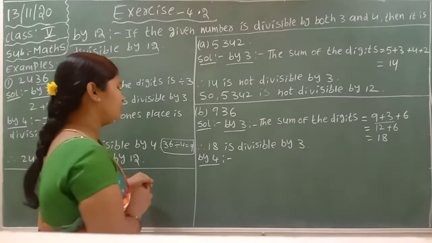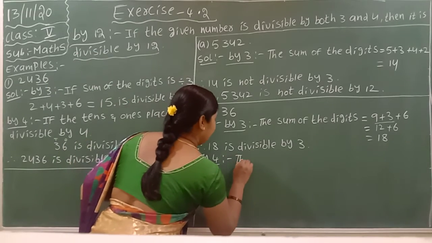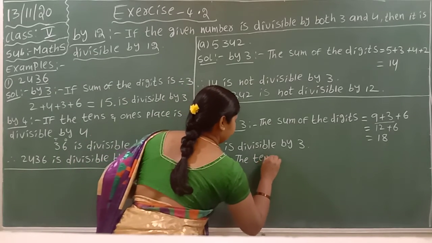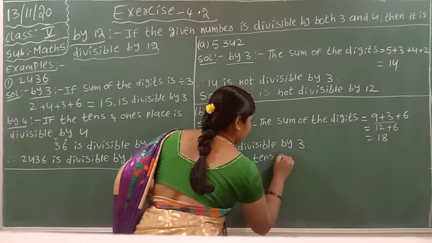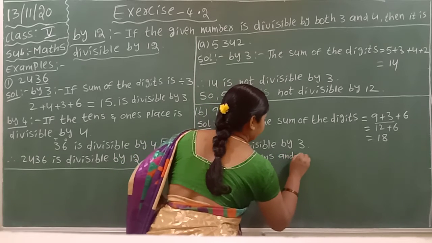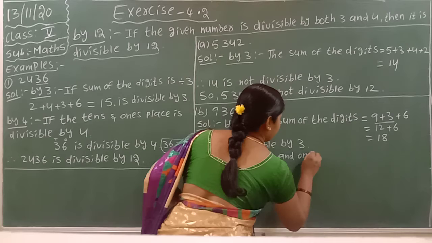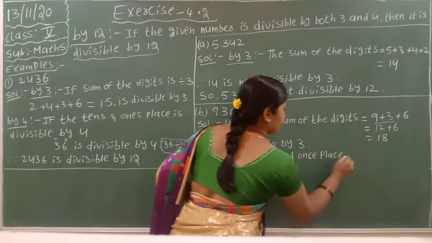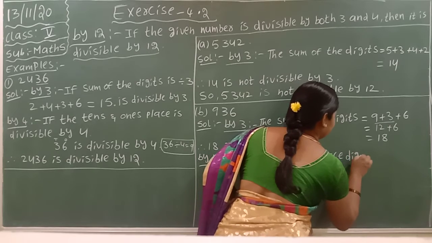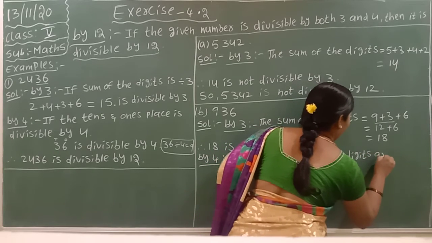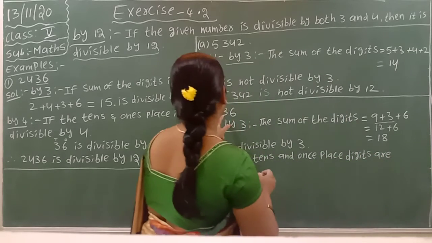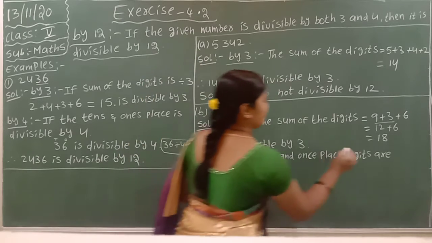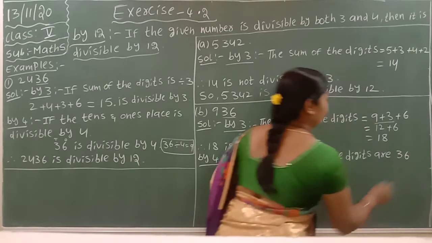What is the by 4 formula? The tens and ones place digits are 3, 6, 36.